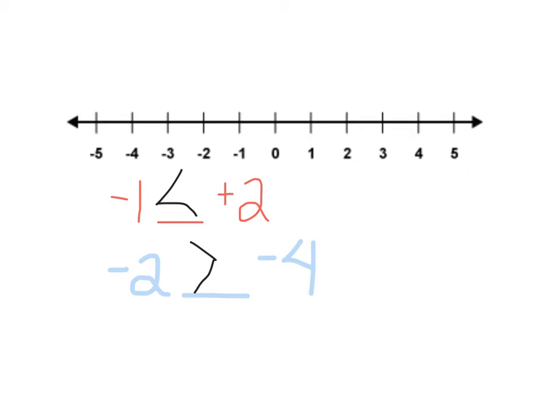So least to greatest goes left to right. So if we have the numbers 0, 4, and -3, I'm going to mark those here on the number line. So we have the numbers 0, 4, and -3.